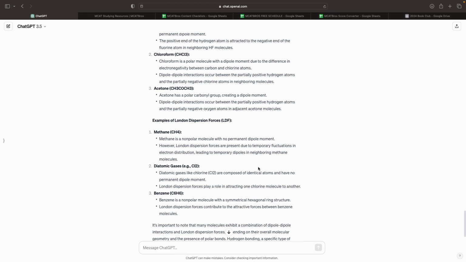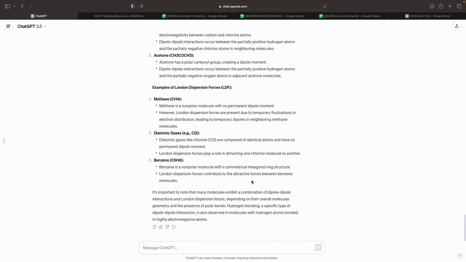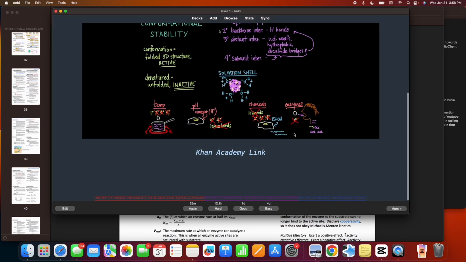And we also have benzene here, which is LDF. Depending on their overall molecular geometry and the presence of polar bonds, these molecules can exhibit a combination of dipole-dipole and LDF. Hydrogen bonding is a subtype of dipole-dipole.